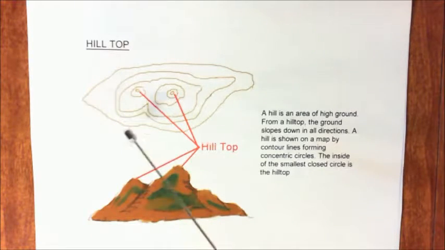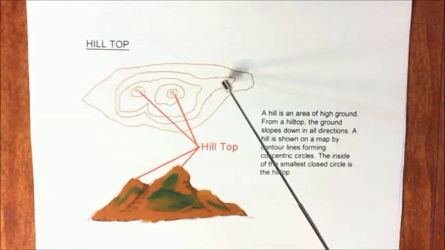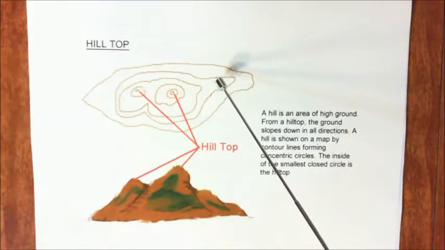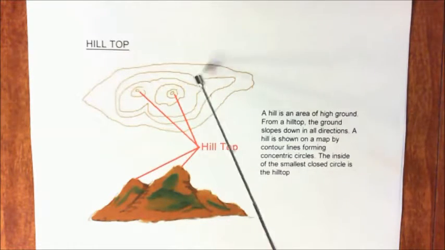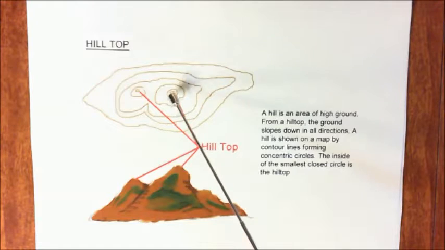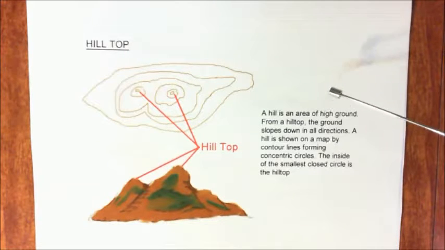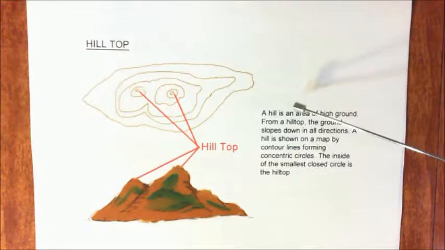So when you're looking at this pattern on the map, and they really are patterns of contour lines, you see you have a hill here, but then 2 distinct peaks there. You can pause this video to read the official definition. It's an area of high ground. It slopes down in all directions.